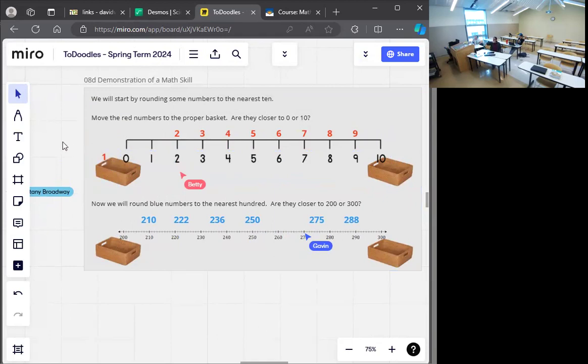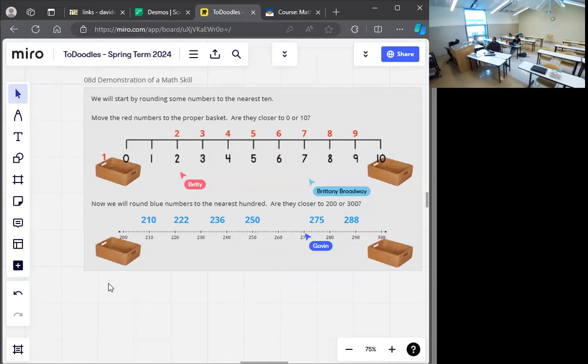And other people can use their mice, grab these numbers, the red ones on top or the blue ones down below, and round either the numbers 1 to 9 to the nearest 10, or round the numbers 210 to 288 to the nearest 100.